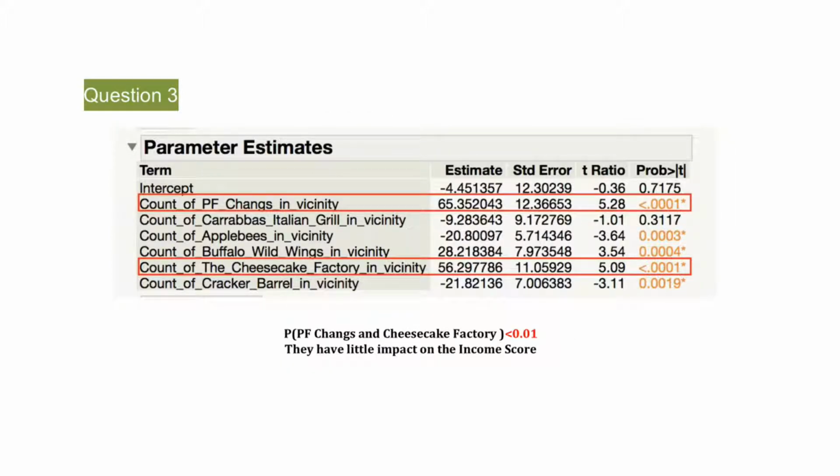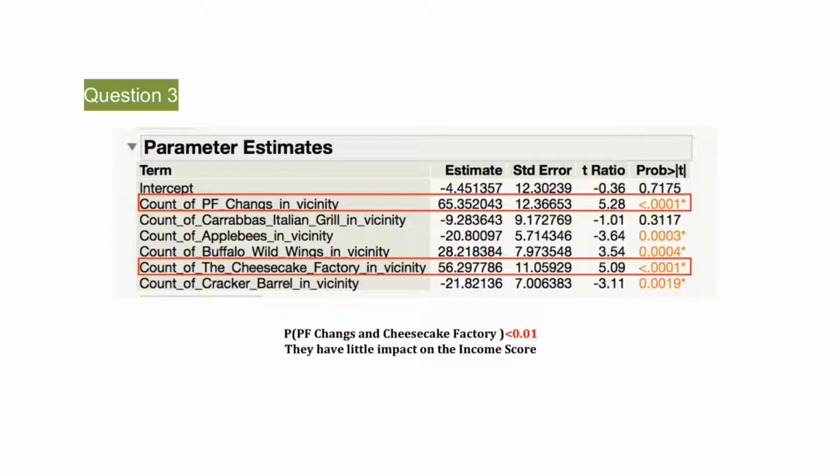Then, from this third chart, only PF Changs and the Cheesecake Factory have probability less than 0.01, meaning they have a little more, but still weak impact on the income score of Olive Garden restaurants compared with other competitors.